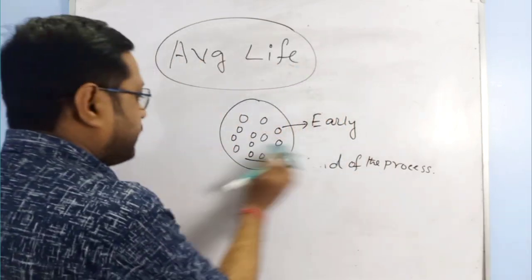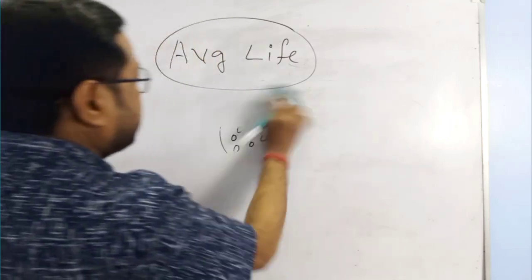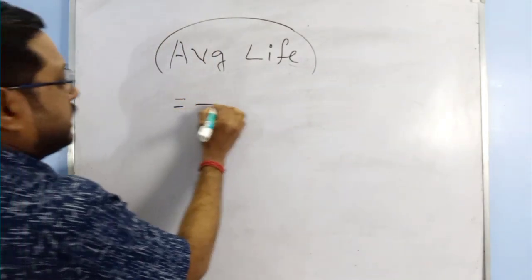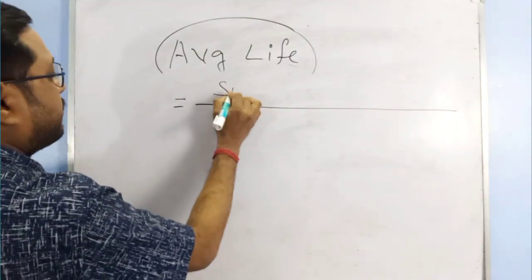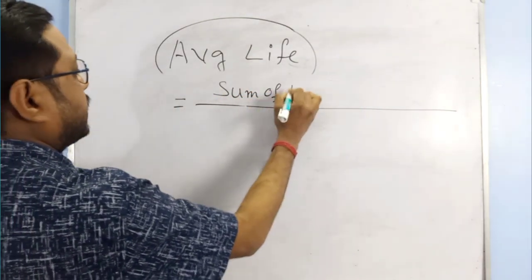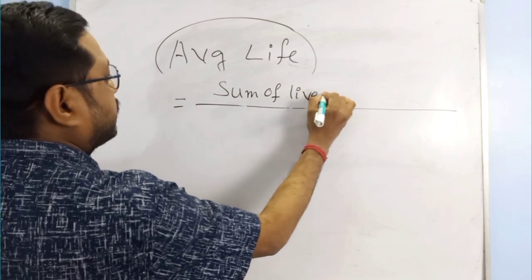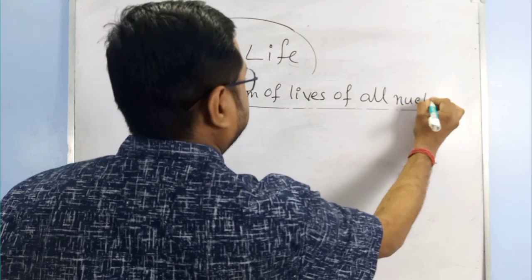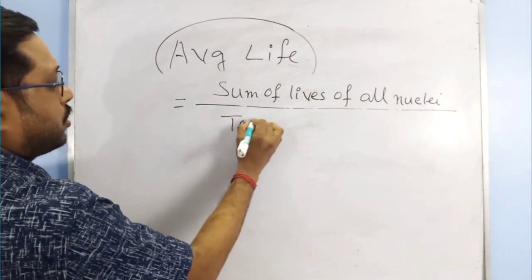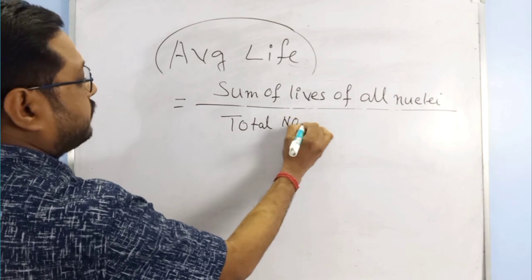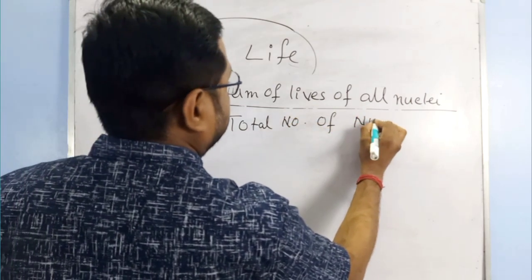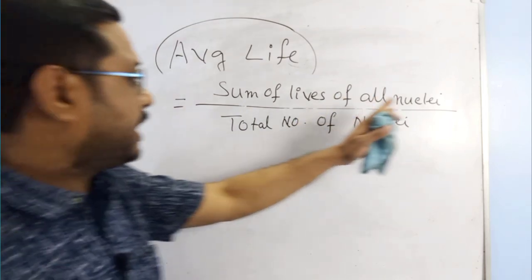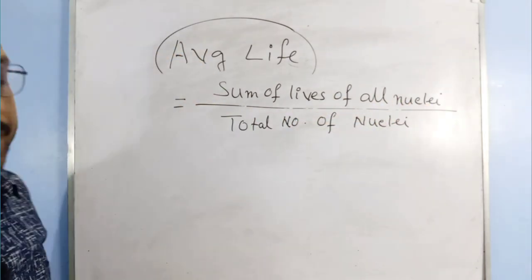So, if we write the average life, it is the sum of lives of all nuclei by the total number of nuclei present in the sample. Sum of lives of all nuclei by total number of nuclei.